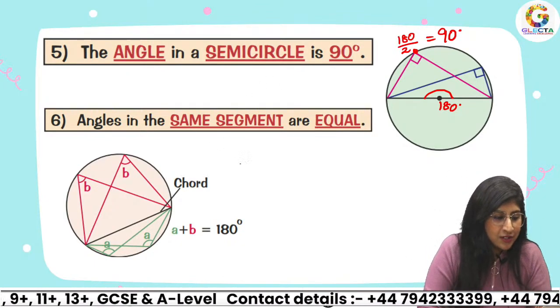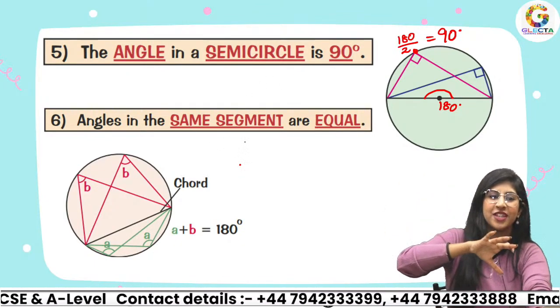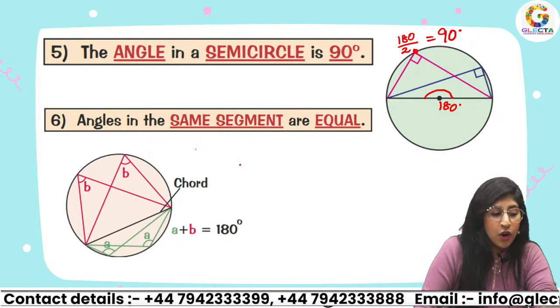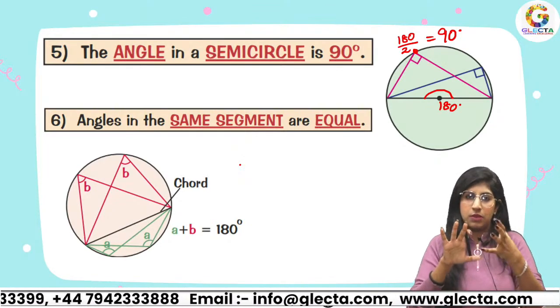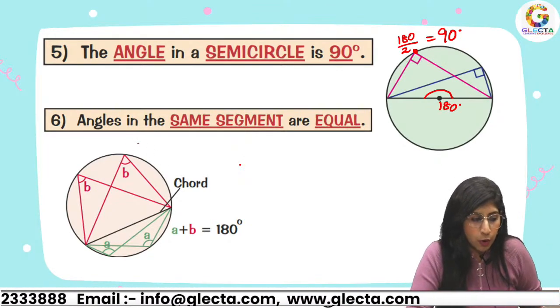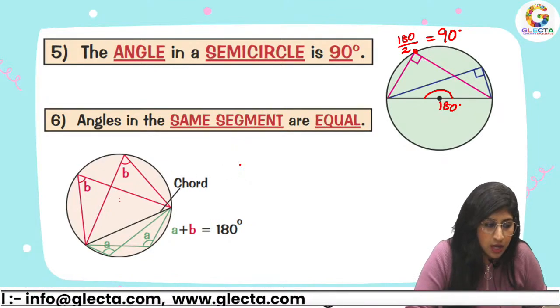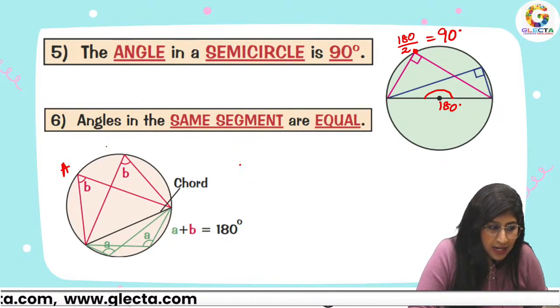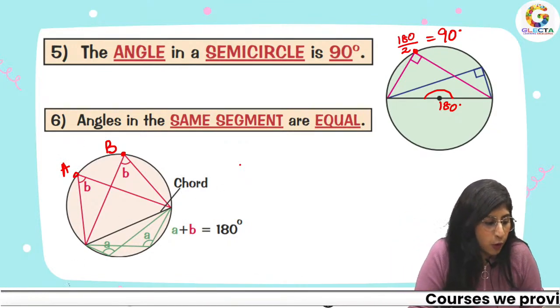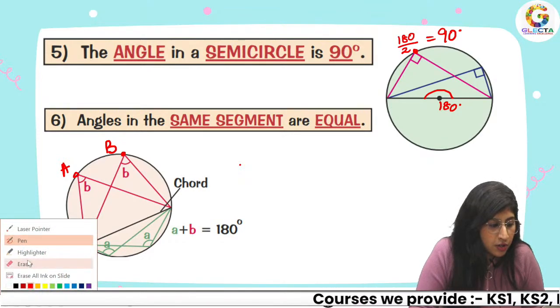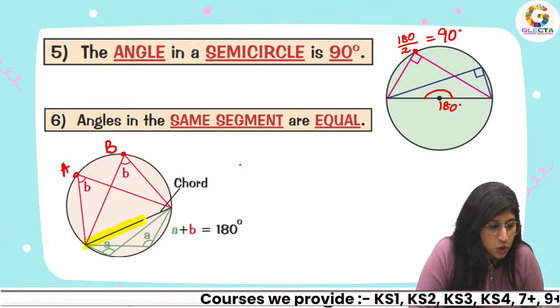So never mind, coming back over here to circle theorems right now. When we talk about angles in the same segment being equal, the properties are easy to understand, not a problem. If I'm talking about the segment, here at point A and at point B, you see these are two points. How do we understand these properties? You see this line, this chord.